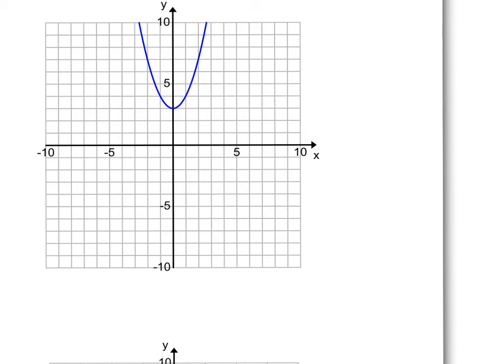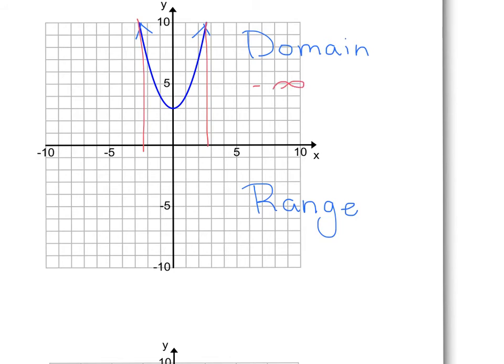Okay, so here's our quadratic. Remember, there's arrows on the end like we studied last unit. Let's do the domain and the range for this. Remember, domain, all x values from left to right. We have an arrow on both sides, so we would have -infinity to +infinity.